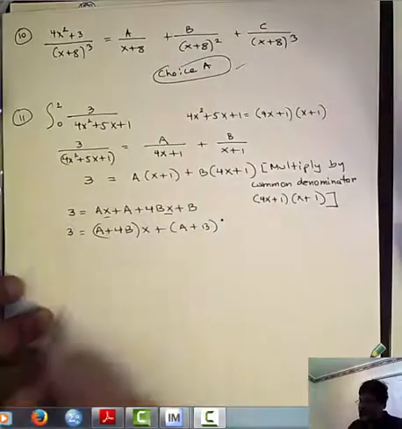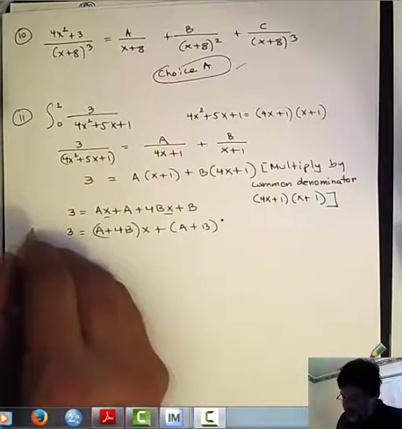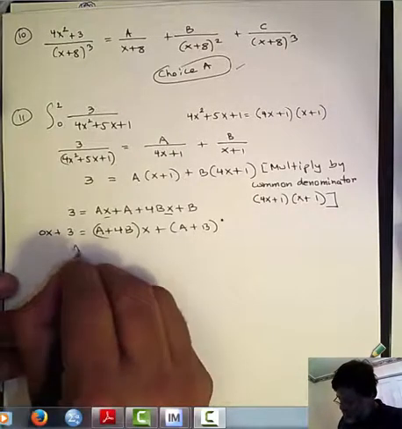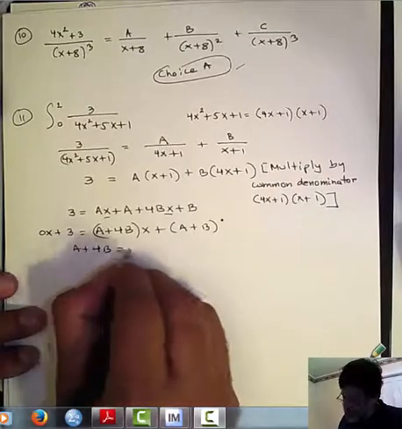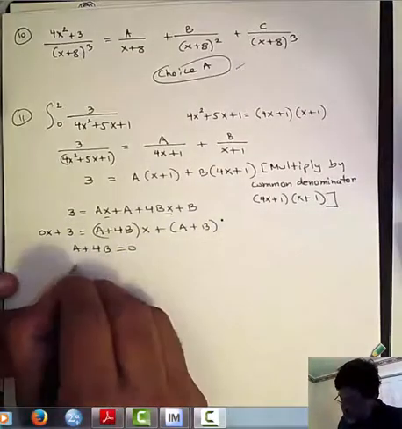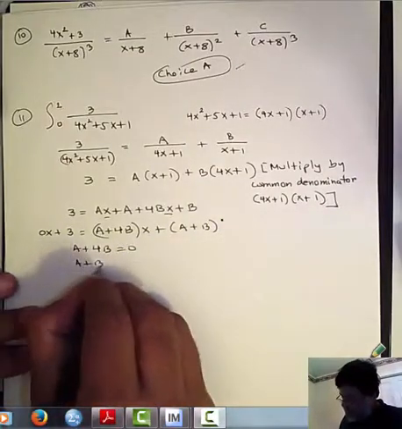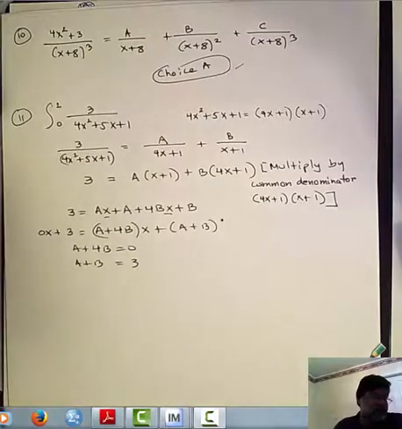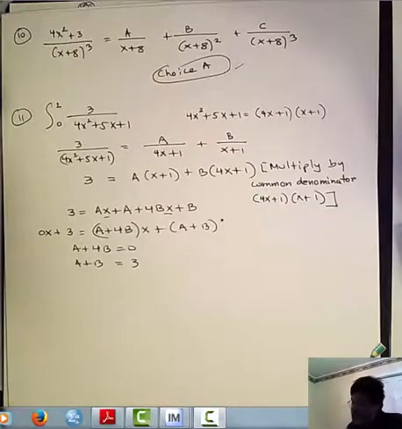Since there's no x terms here, think of the x term being 0. So a plus 4b has to be 0. The other one, a plus b, has to be 3. Okay? So we're going to use those two to find the solution here.